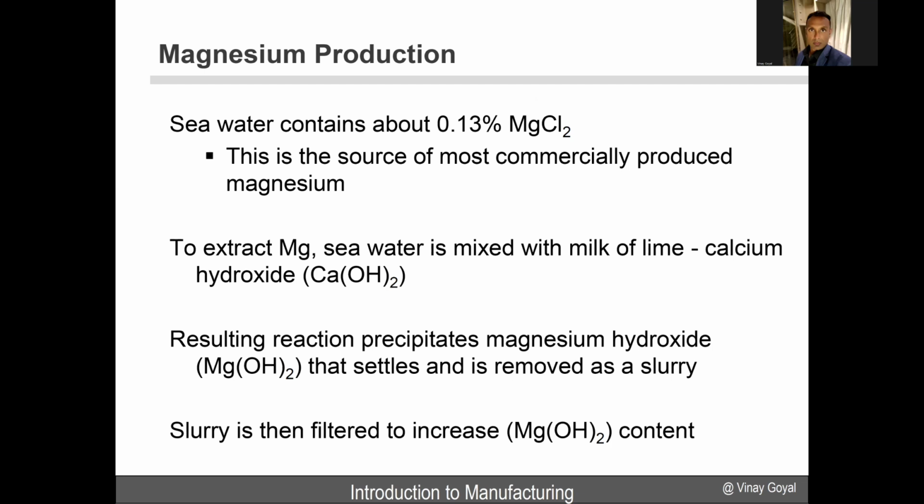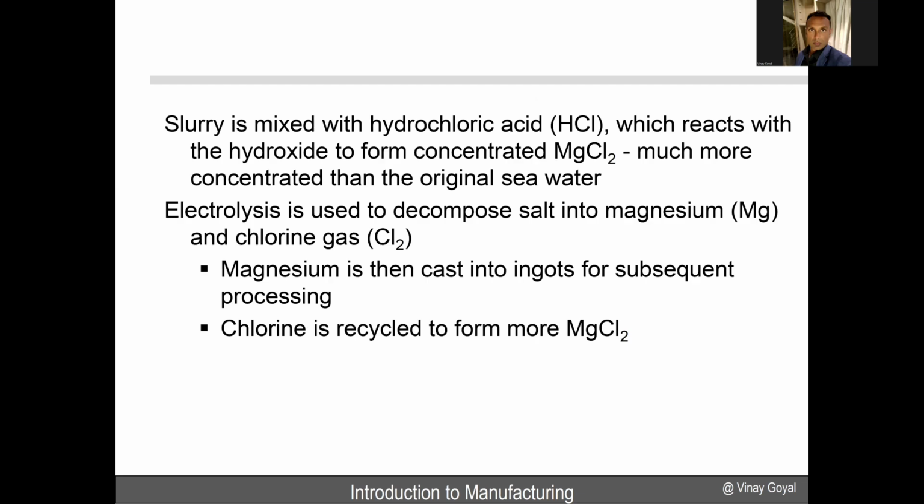Once it settles, you can remove the slurry, and that slurry will then be filtered to increase the content of the magnesium hydroxide. The slurry is then mixed with hydrochloric acid, which reacts with the hydroxide, and that allows the formation of magnesium chloride, much more concentrated than the original seawater.